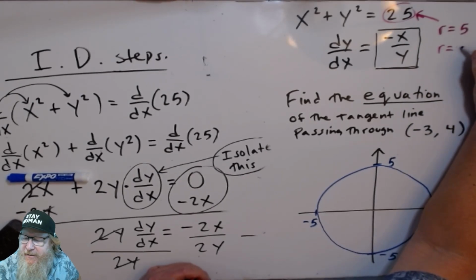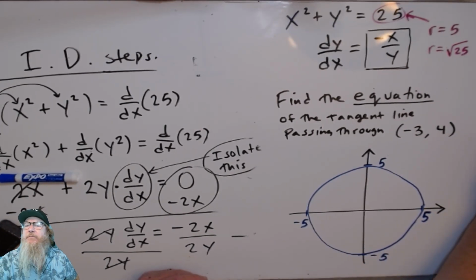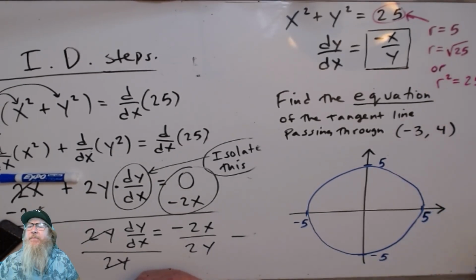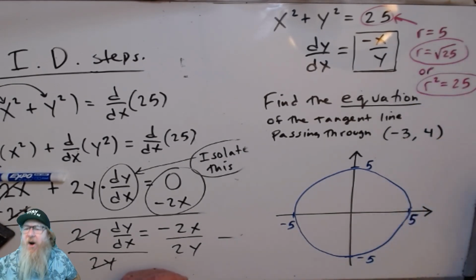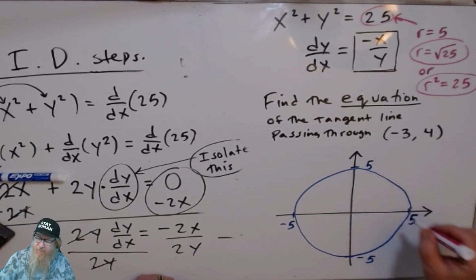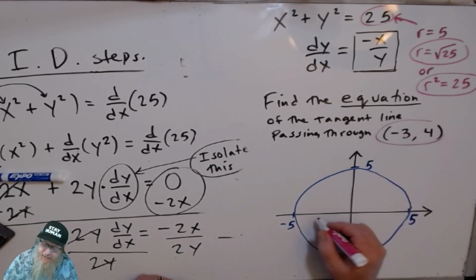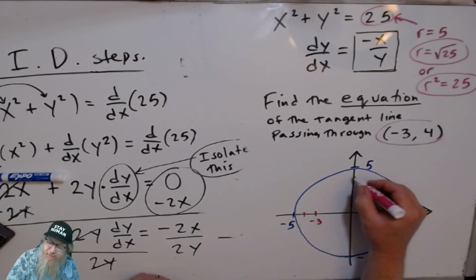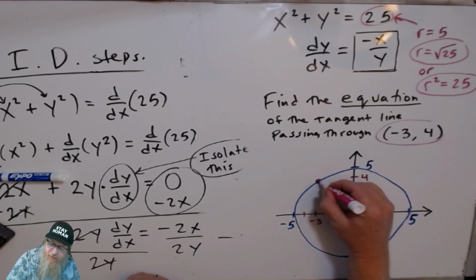So the radius is the square root of 25, which is 5. Or you could say r squared is 25. Same thing. I just want to make that very clear on the graph. And then I have this point, negative 3 and 4, right here.